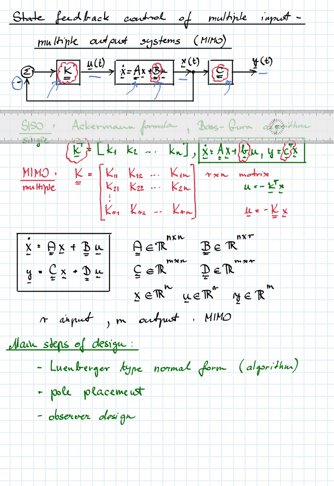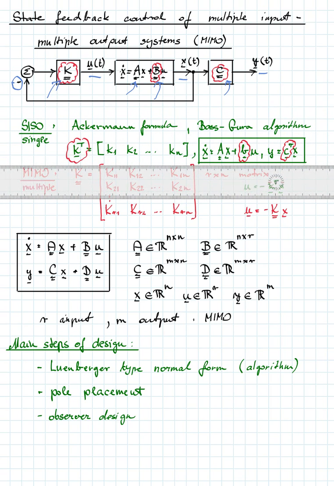Okay, what about the SISO systems? SISO is, for recap, the single input and single output system. In that case, we have got the equations in the green block. x dot is equal to Ax plus Bu. Moreover, y, the output, is C transpose x.